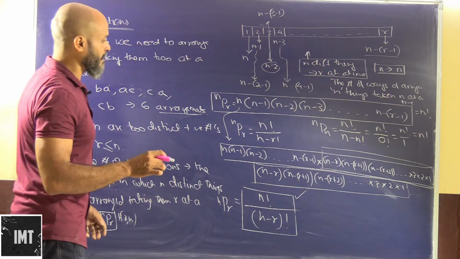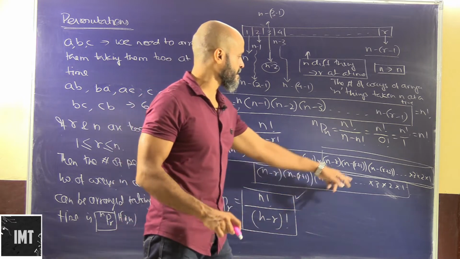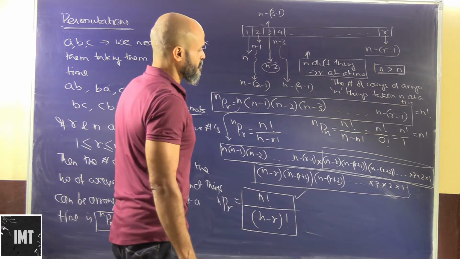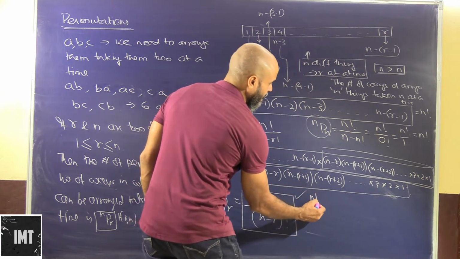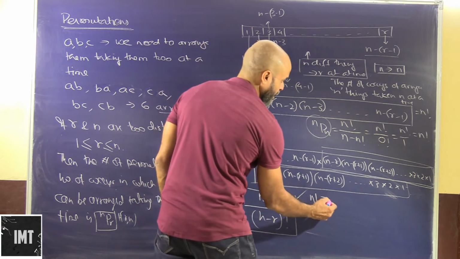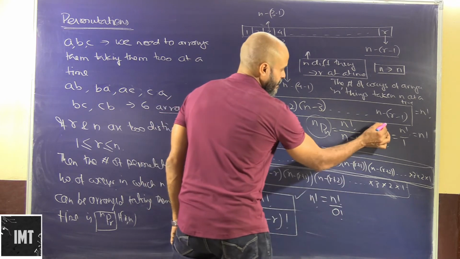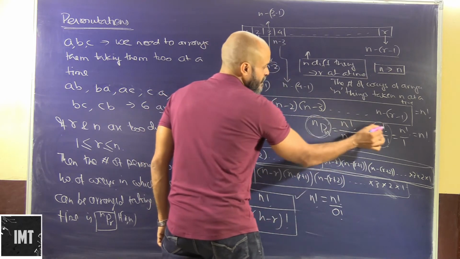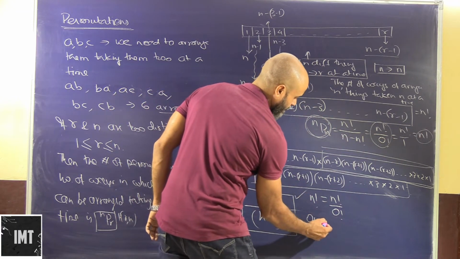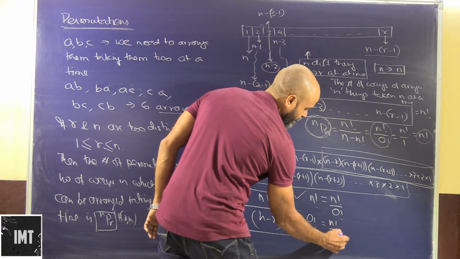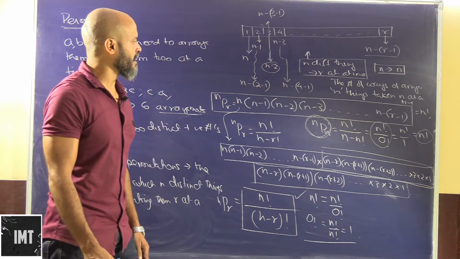Now let's use this to prove the property of 0. nPn we know is factorial n, so factorial n can be written as factorial n upon 0 factorial. See, nPn we have already proved is factorial n. So 0 factorial can be written as factorial n upon factorial n, that is basically 1. So 0 factorial is always taken as 1.